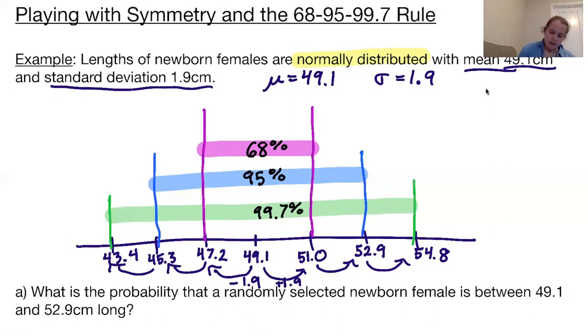Now what I'm going to add to this picture is if we draw a line straight through the middle, right through the mean.